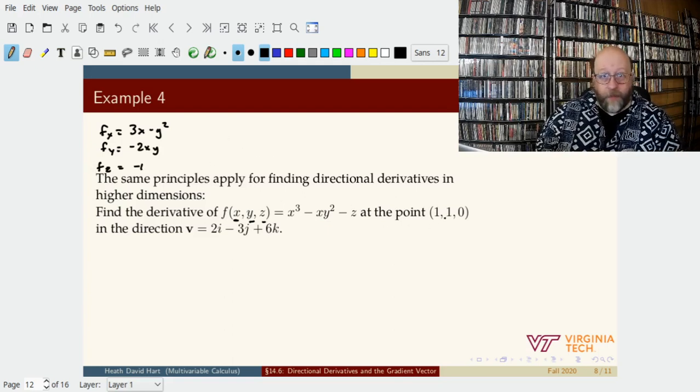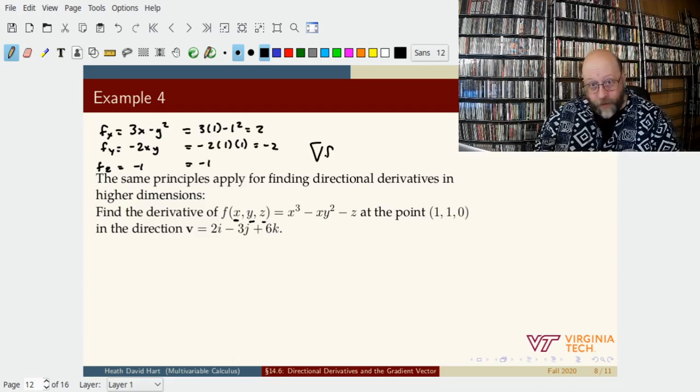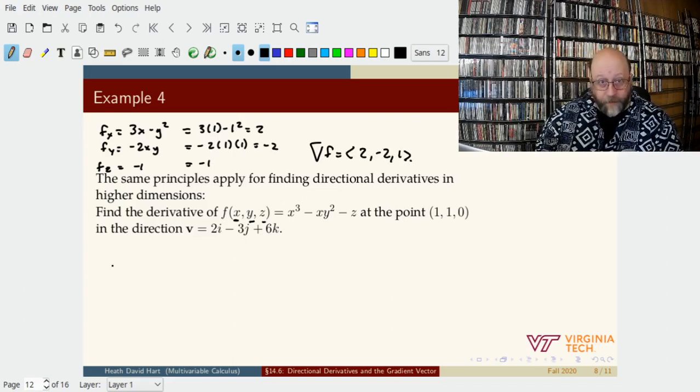And since we're at the point (1, 1, 0), this is going to be 3 times 1 minus 1 squared, which is 2. This is going to be negative 2 times 1 times 1, which is negative 2, and this is negative 1. And so my gradient vector is the vector (2, -2, 1).